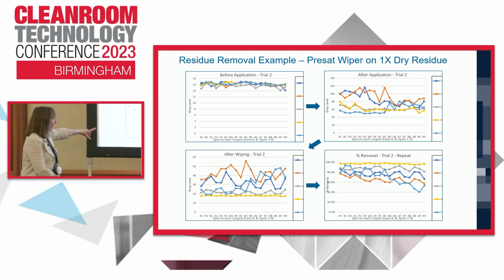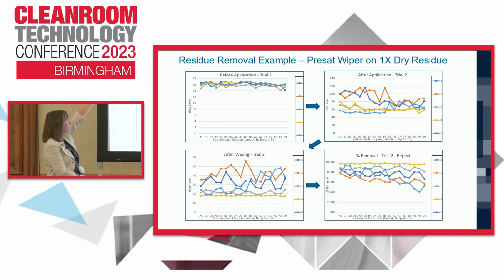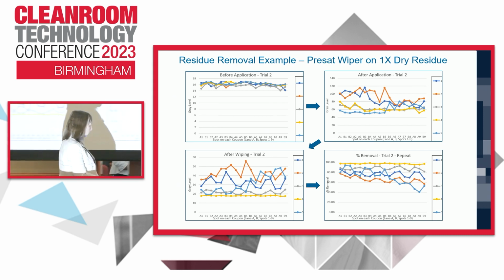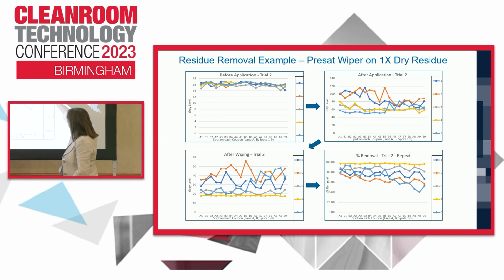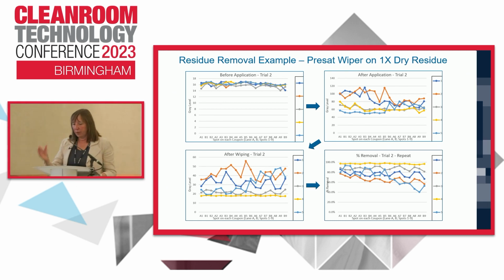After we wiped it, it came right back down again, back to pretty much the yellow one here where it was before. And if you look at the removal as a percentage, it varies from 100% down to sort of 40%. That's a function of the operator doing different things while they're wiping. As I said, the residue is not a linear thing when you apply it, so it's just variable, basically.